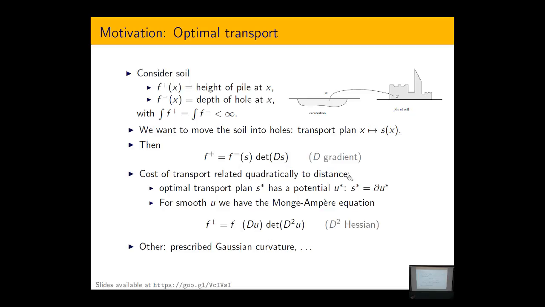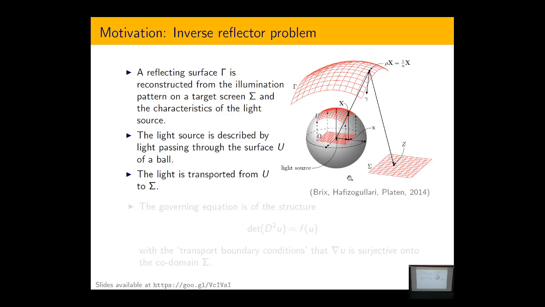Besides the seismic model we just saw, another inverse problem I want to explain is the inverse reflector problem. Here we have got a light source. This light source is not represented purely as a point light source, but as a sphere. There's light leaving from this point, going through the sphere.